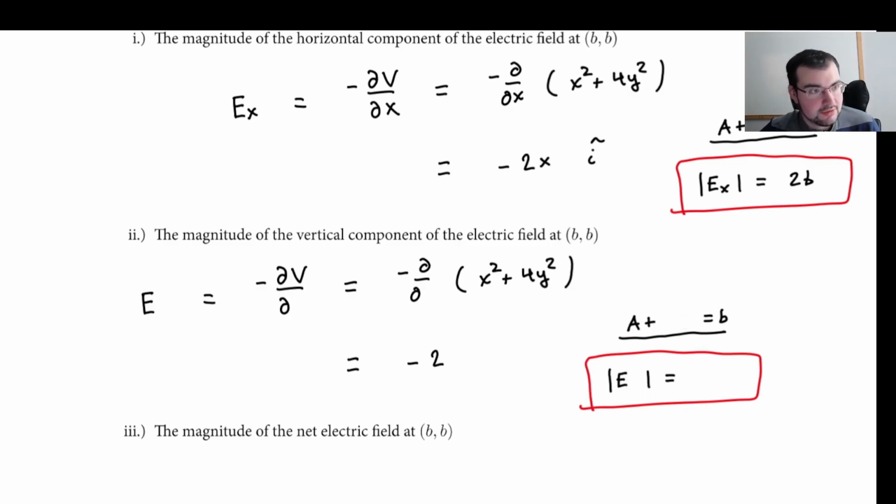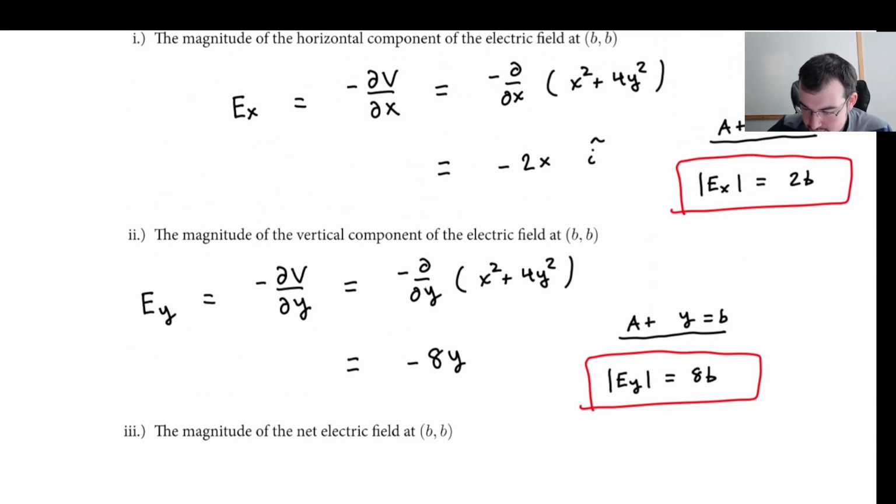I want the y component of the field, so I'm taking the y downhill slope. And in this case, it's not the x that gets differentiated, it's the y. So I ignore the first term. And what's the derivative of 4y squared? Well, it's just 8y. So at y equals b, we get 8b.